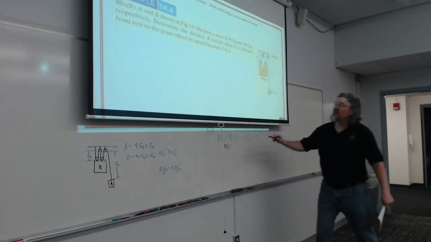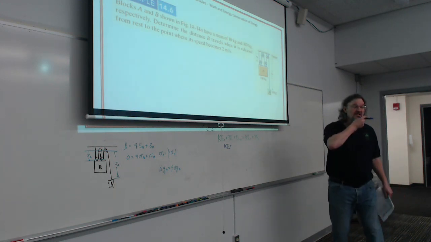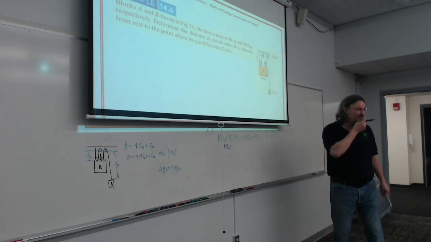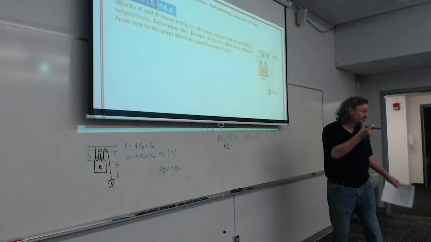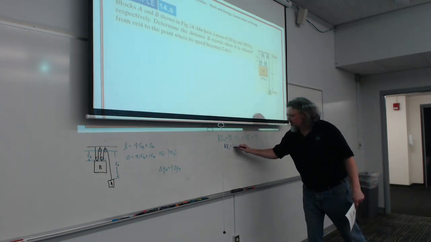Well, we start at the KE1 and think about, what is the initial kinetic energy? Zero. Thank you. I just want some participation. Even if you don't answer, think. All right. Zero. Yes. Starts from rest.